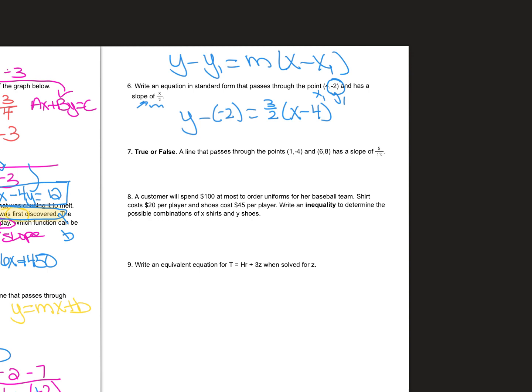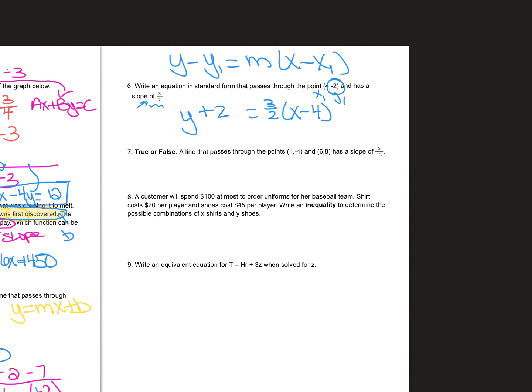I have 2 negatives here, and those 2 negatives would be a positive. I just want to clean this up right in here. We have very limited space, so I want to make sure I get that in. So I have y plus 2. Now I am in point-slope form.